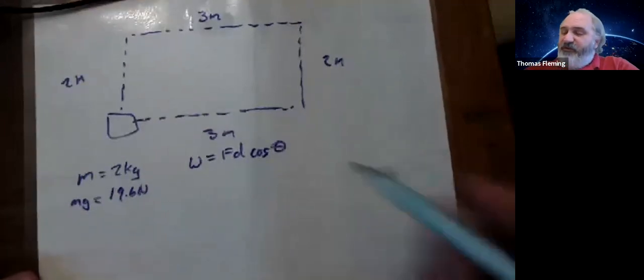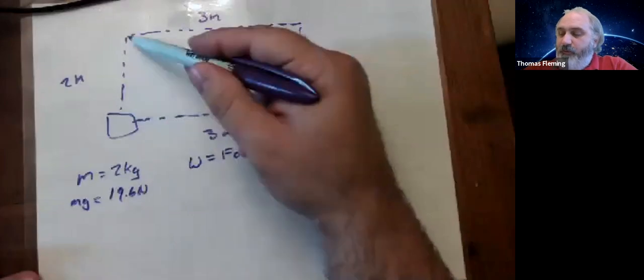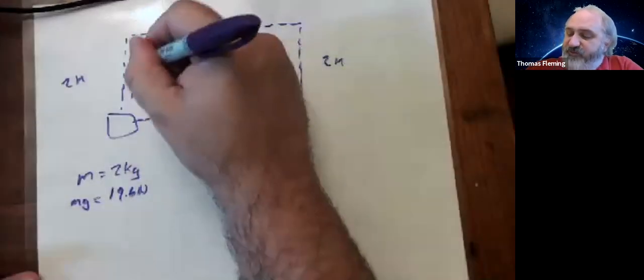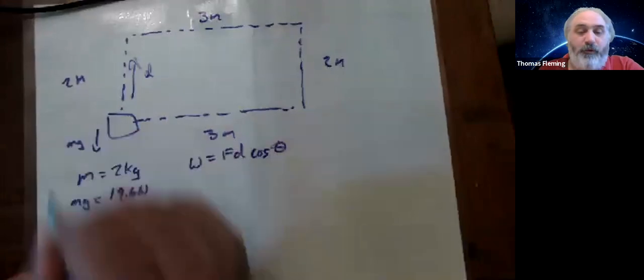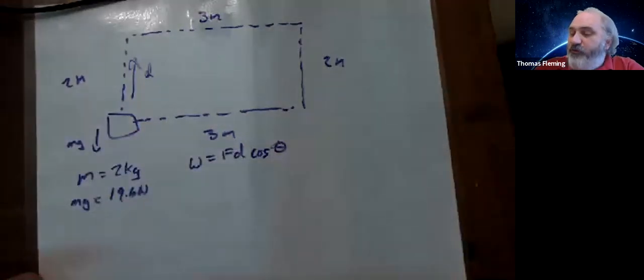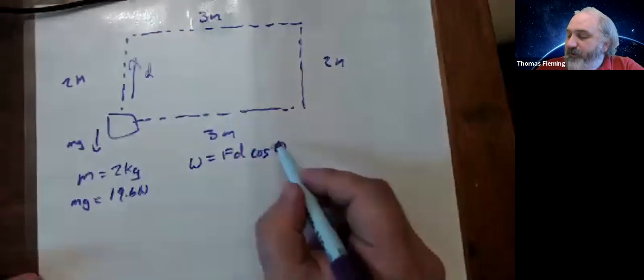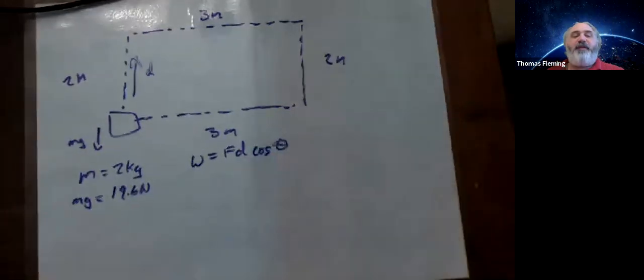However, on this leg of the trip, I'm moving up. So the D points upward, but gravity points downward. During this section of the trip, the cosine of theta is the cosine of 180, which is -1.